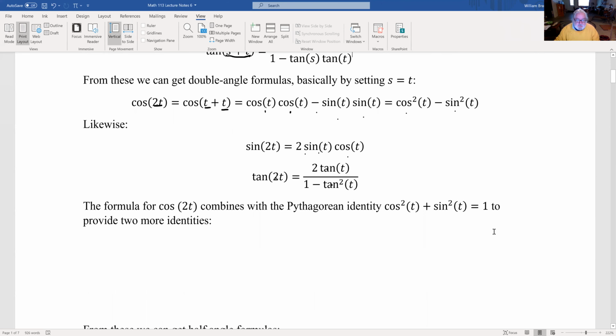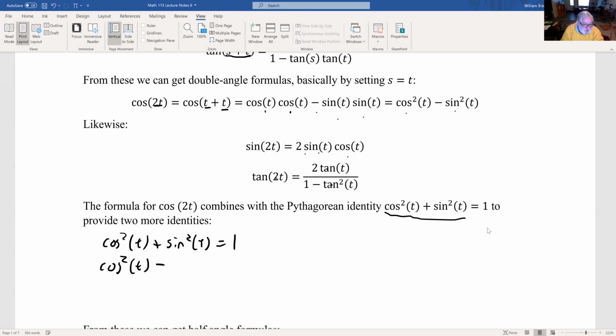So cosine 2t combines with the Pythagorean identity, cosine squared t plus sine squared t equals 1, to give you a couple of nice formulas. So here's the Pythagorean identity again, and the formula for cosine 2t: cosine squared t minus sine squared t equals cosine 2t.